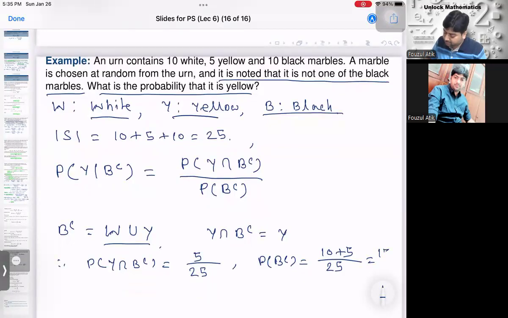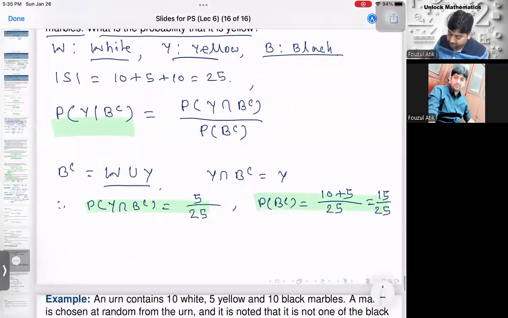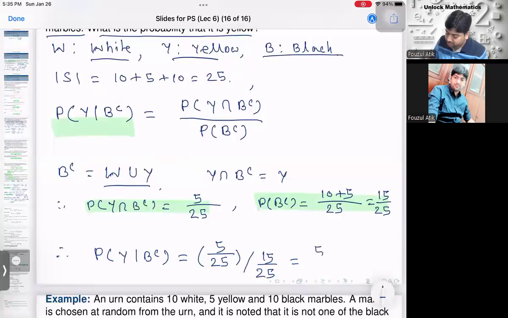Now you substitute these two values in this solution. Therefore, P of Y given B complement is equal to 5 by 25 divided by 15 by 25. And therefore it is 5 by 15, which is equal to 1 by 3. We got the solution as 1 by 3.